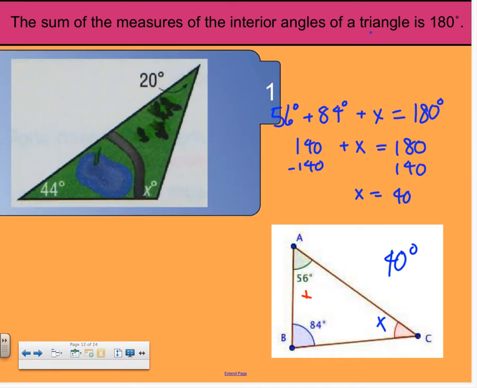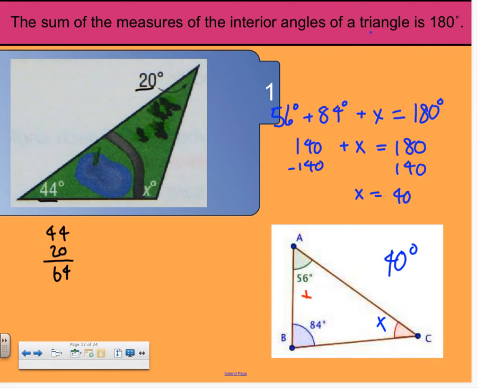Here we have a picture of a portion of a park, and they're telling us that one angle of this triangular park is 20 degrees, another angle is 44, and we want to know what the third angle is. So once again, let me add 44 and 20 together, and I will have 64.